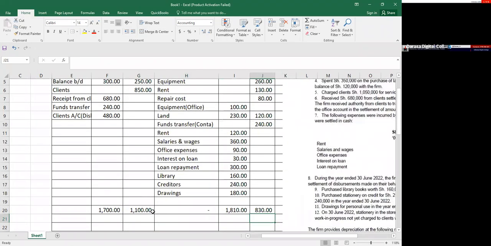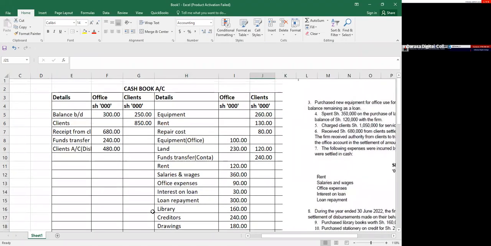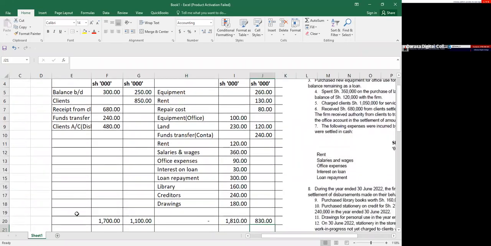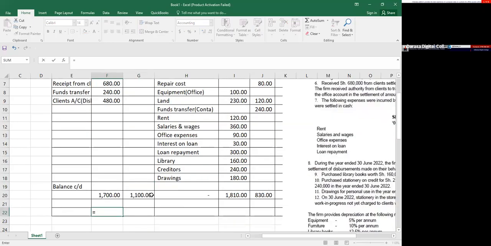So for the client account here, I'm having my balance carried down. You can clearly see the credit side is more than the debit side, and this difference should give us how much? 1810 minus that gives us 110.